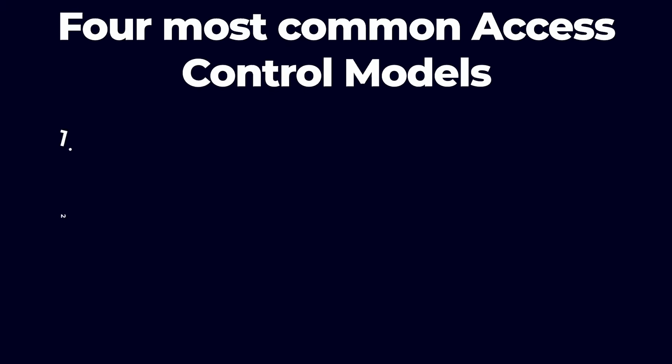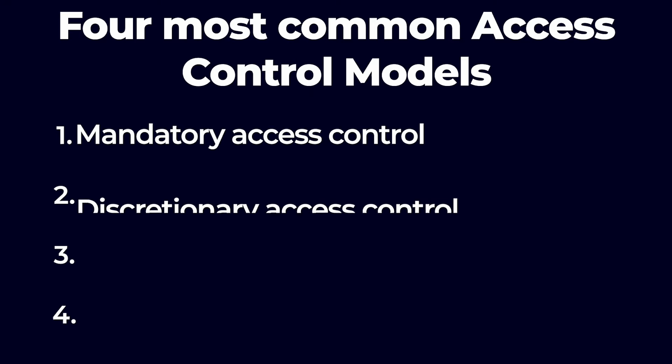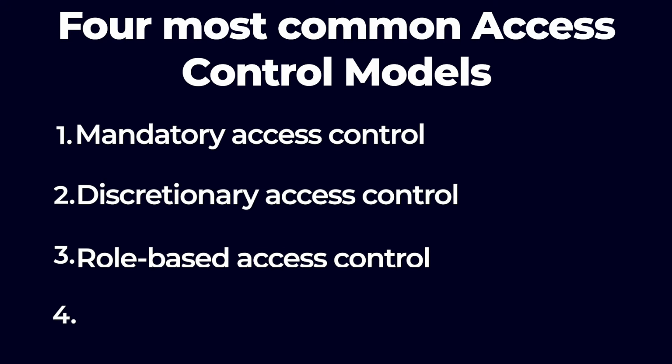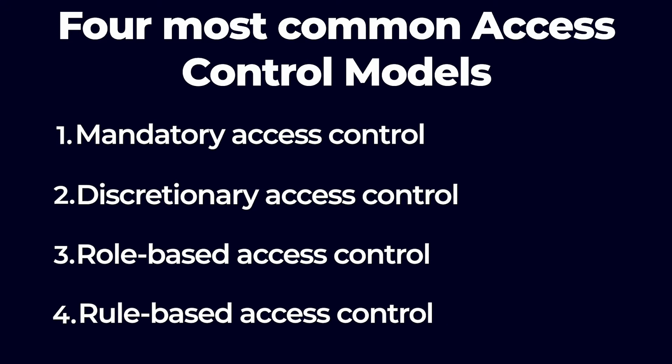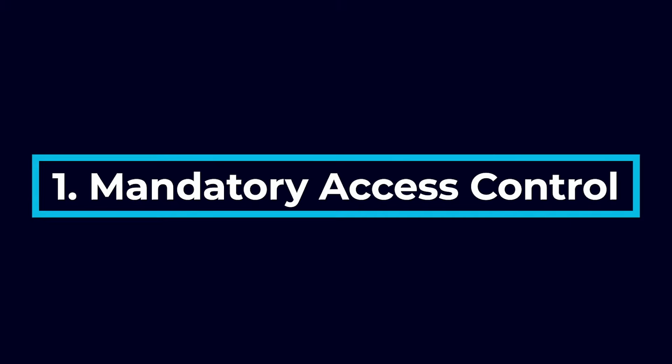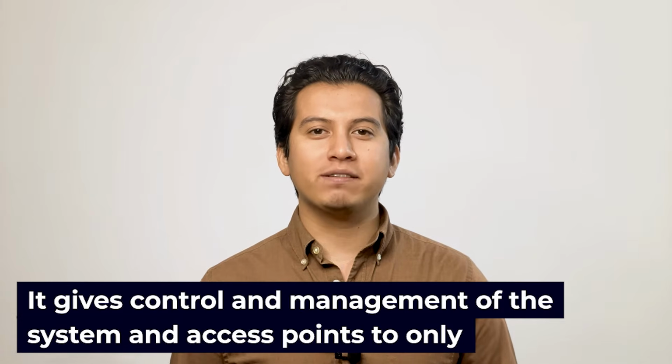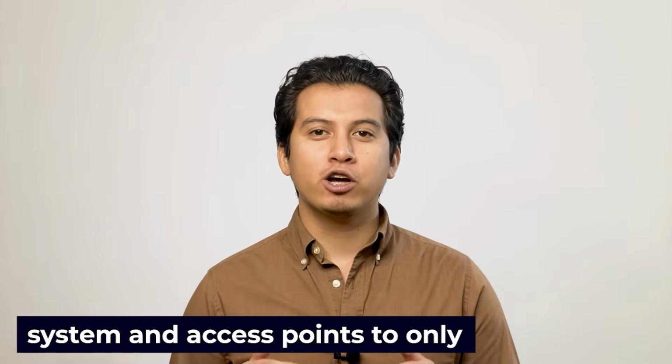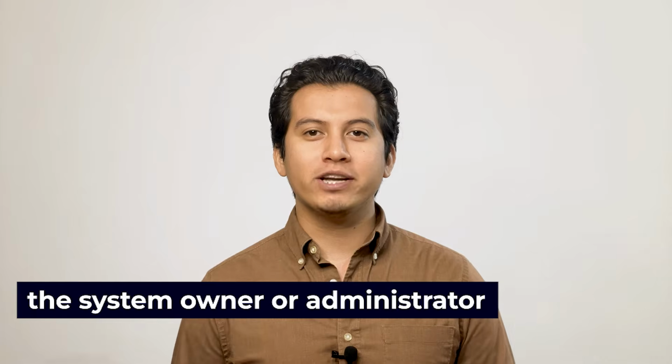Here are the four most common access control models: mandatory access control, discretionary access control, role-based access control, and rules-based access control. The first type, mandatory access control, is the most restrictive form of the four access control models. It gives control and management of the system and access points to only the system owner or administrator.